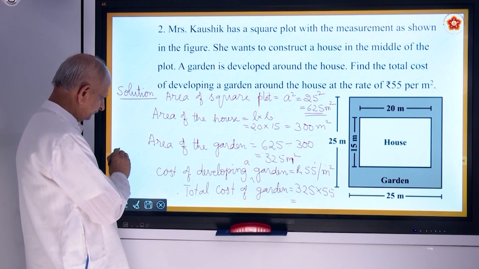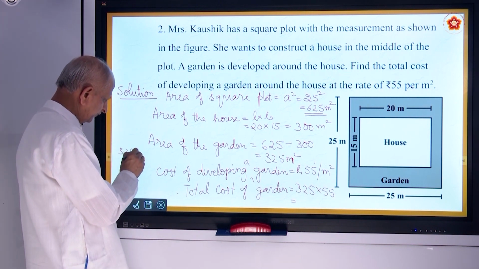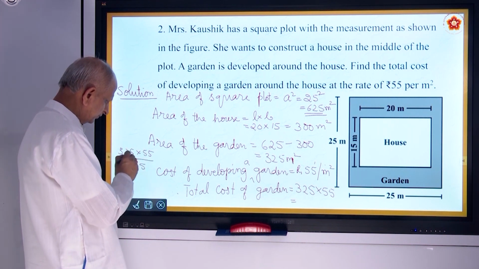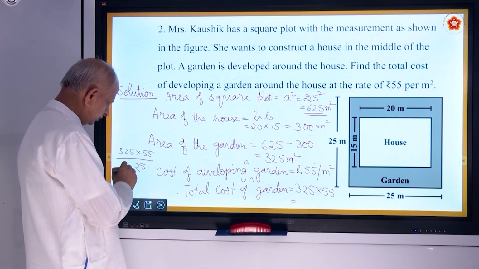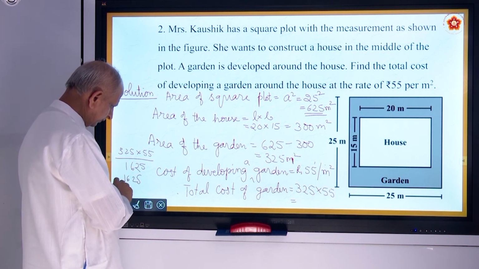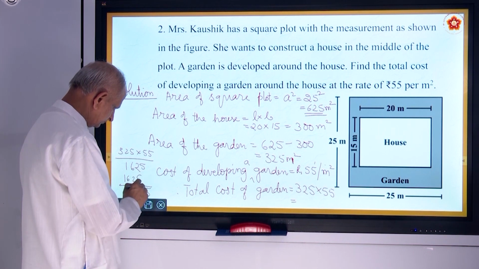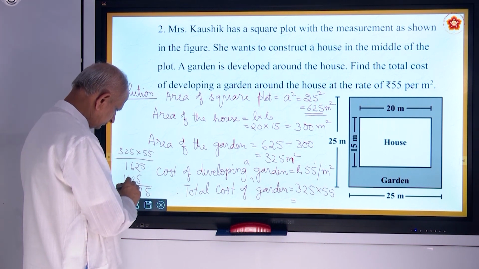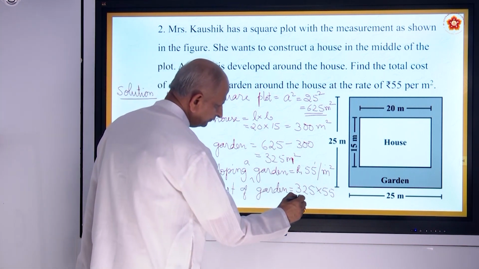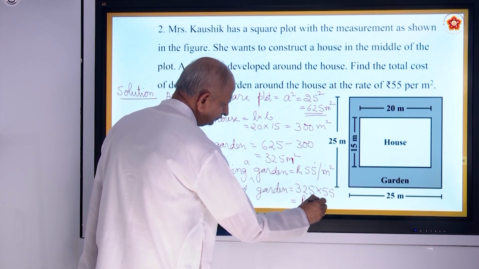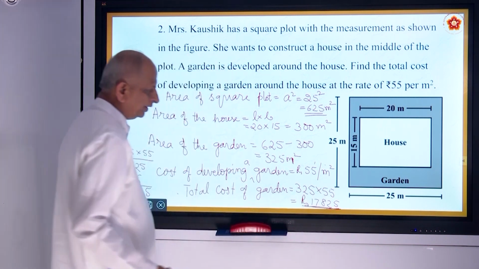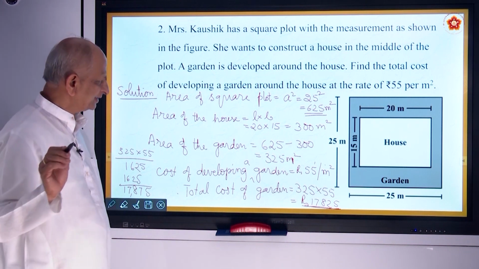Okay, try. 325 into 55. 5 fives are 25... 1625. Add it. 17,875 rupees. You also got it? Okay, that's all.